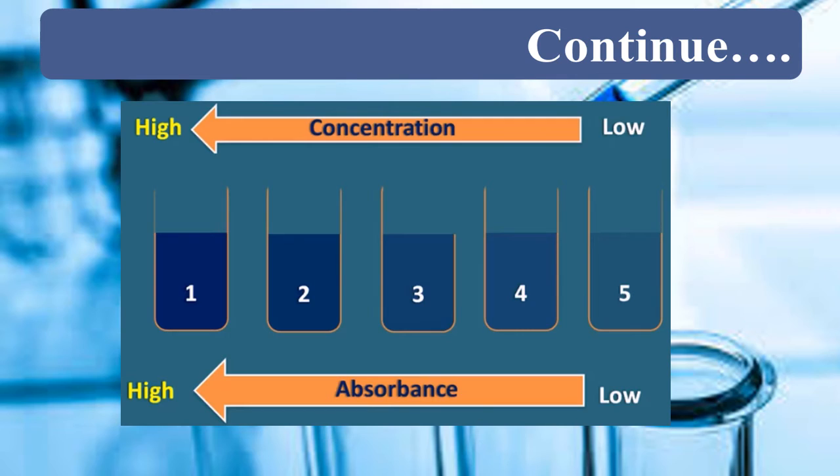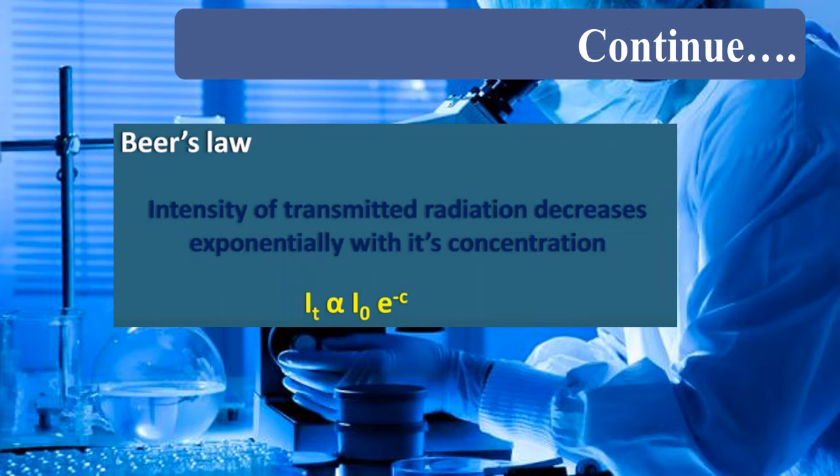As we have high absorbance in any solution, the intensity of the light transmission will be low in that solution. As the concentration of the solution is high, the absorbance will be high, and so the intensity of the light transmission will be low. So Beer's law gives information about this.